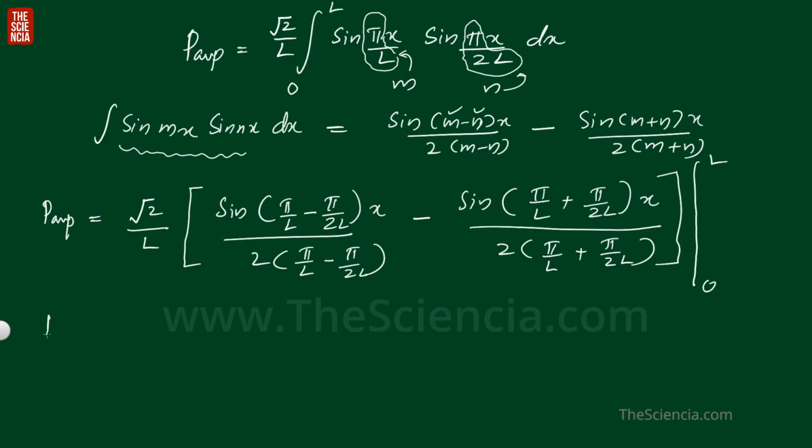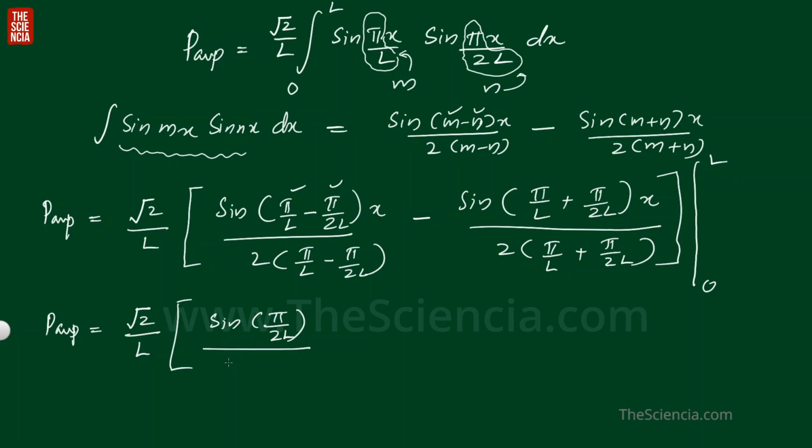So what we get? The probability amplitude is equal to root 2 by L into, what is the value of pi by L minus pi by 2L? That will be pi by 2L, right?